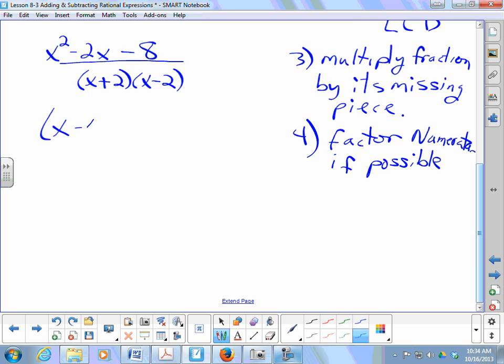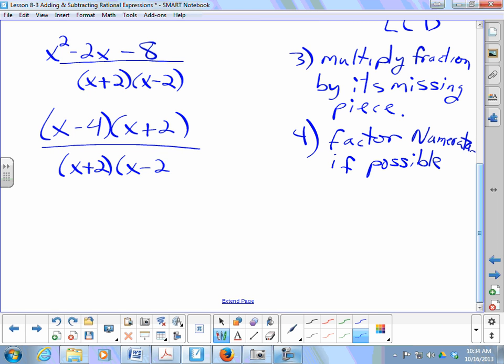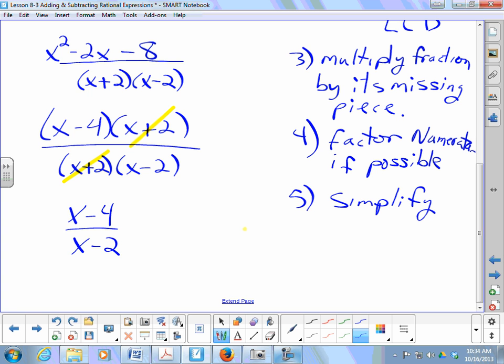So x minus 4, x plus 2, over x plus 2, x minus 2. Step 5, simplify. They both have an x plus 2. So we get x minus 4 over x minus 2 for my answer.